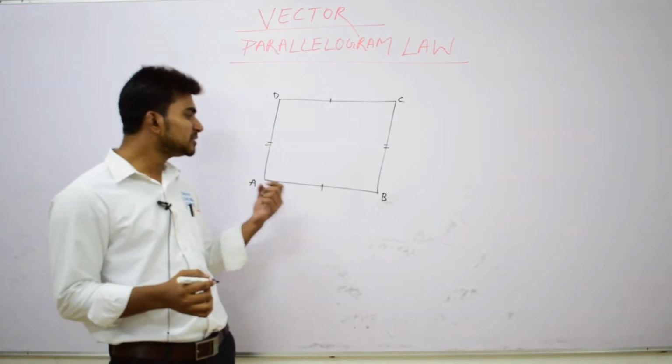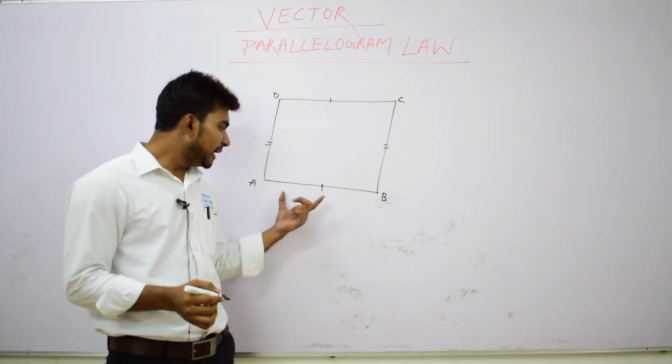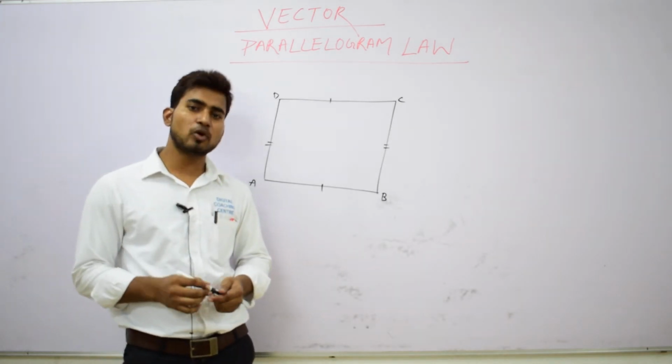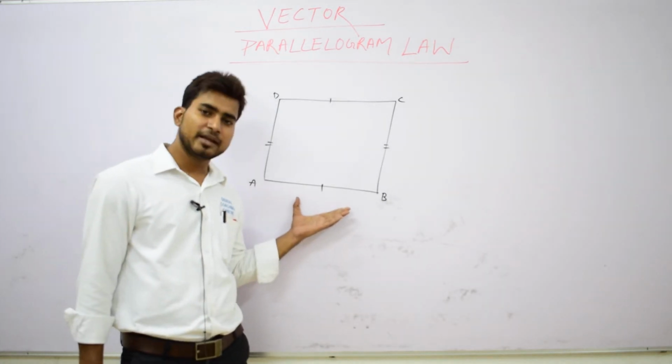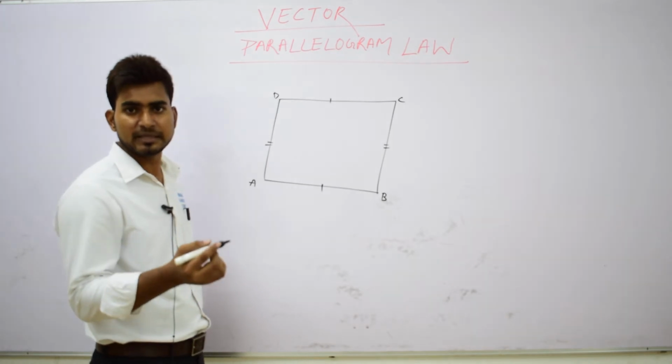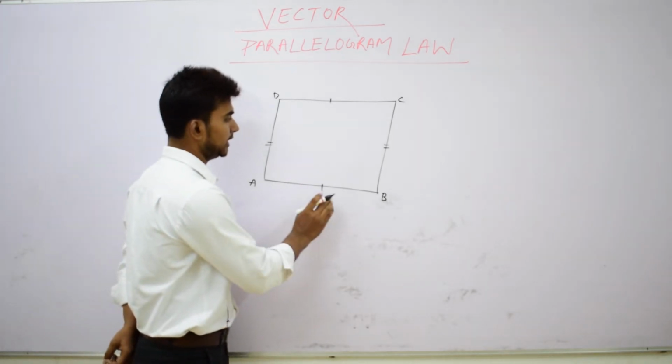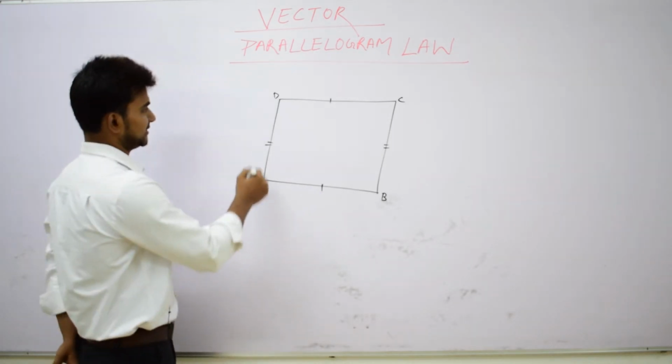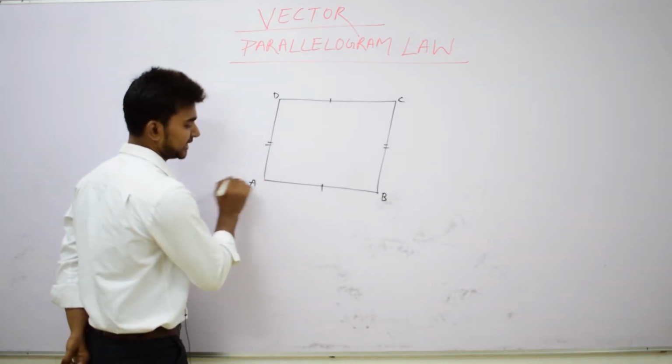According to this particular law, if any two consecutive sides of a parallelogram are represented by two vectors in magnitude as well as in direction, I am taking side AB as well as AD. These two are adjacent sides.